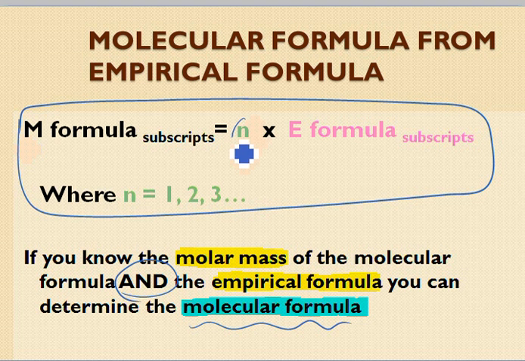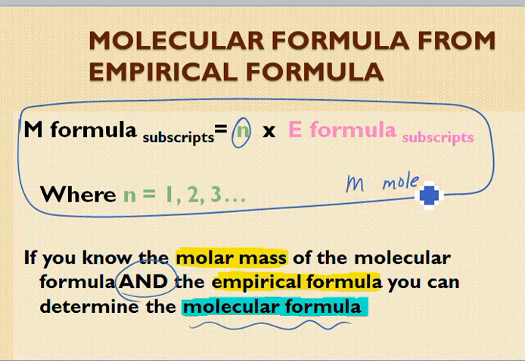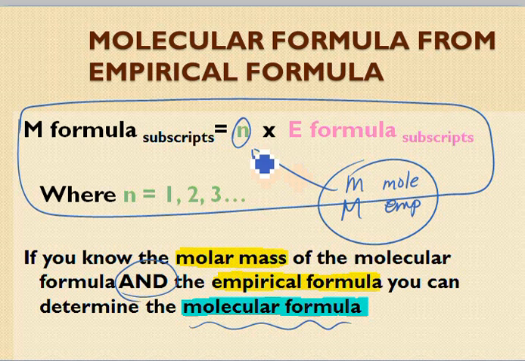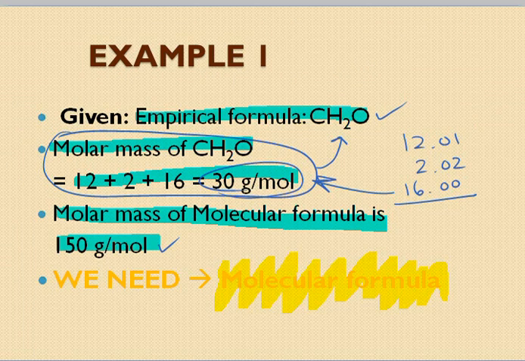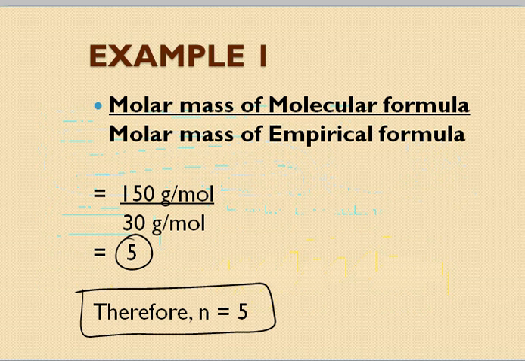But now this is that N value that we were looking for. So when you divide the molar mass of the molecular formula by the molar mass of the empirical formula, you get that N value. So in this case, the N works out to be 5.